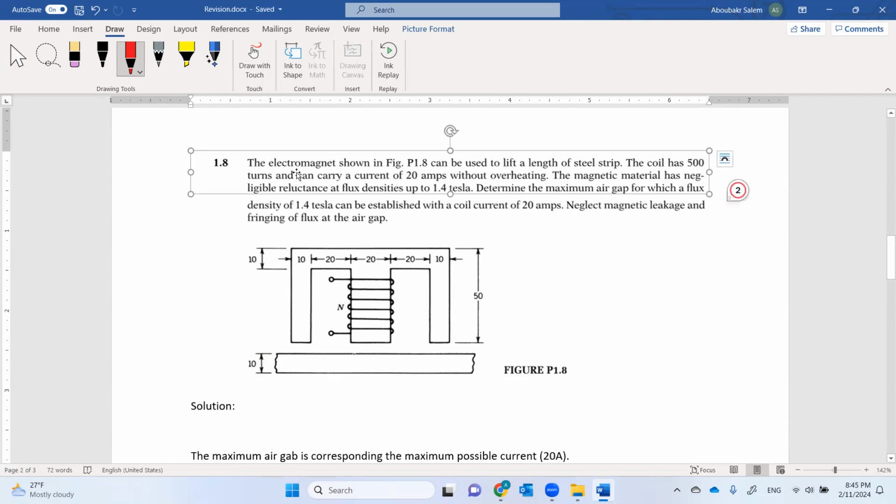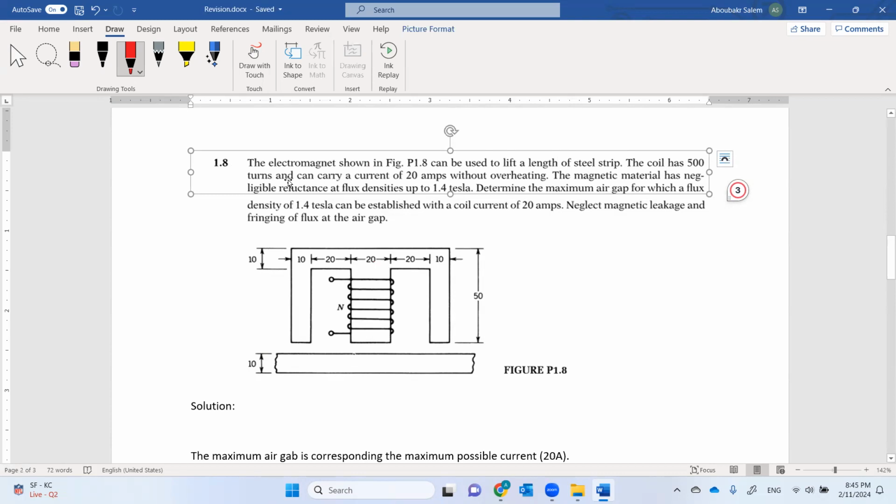So we have here an electromagnet shown in the figure that can be used to lift a length of a steel strip. So we have a steel strip here, and we need to lift this to be attracted to our magnets. The coil has 500 turns.